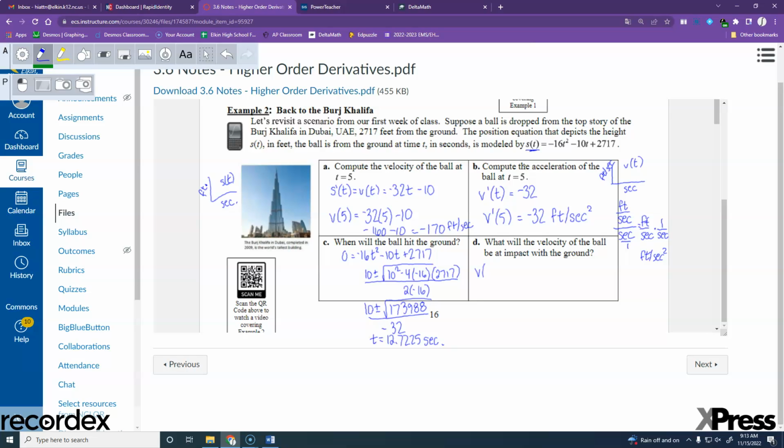So v of 12.7225 is going to equal negative 32 times 12.7225 minus 10. So negative 32 times that number minus 10. I'm getting negative 417.119. And that would be feet per second because it is velocity.